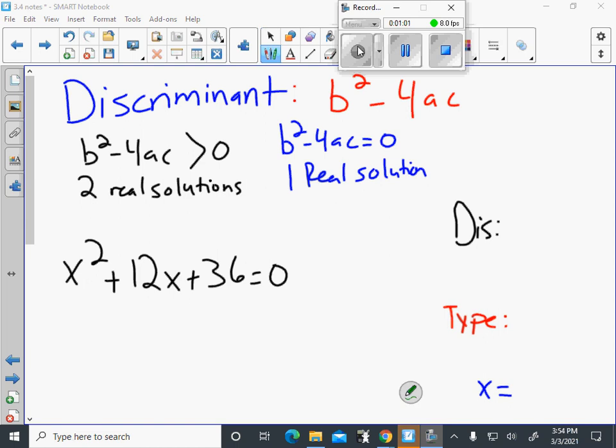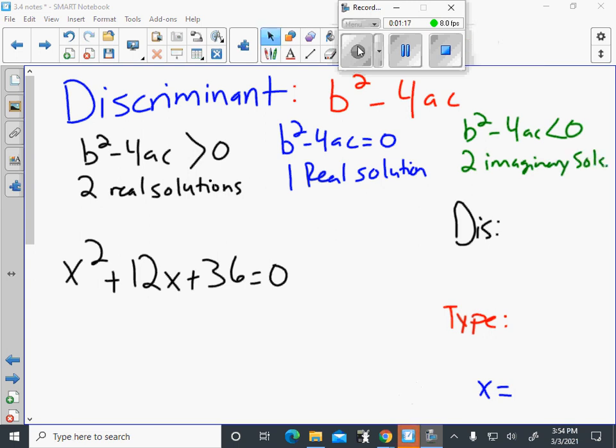And lastly, if b squared minus 4ac is less than 0, we have two imaginary solutions. Okay?